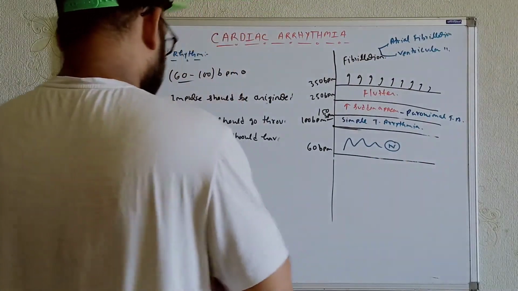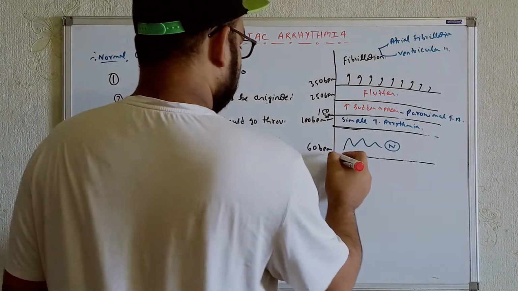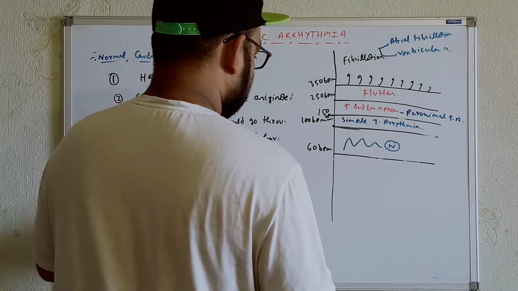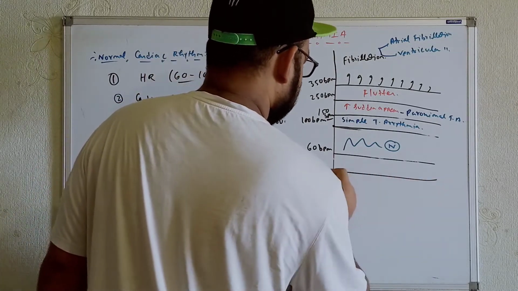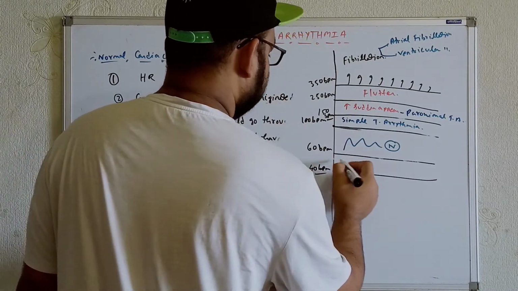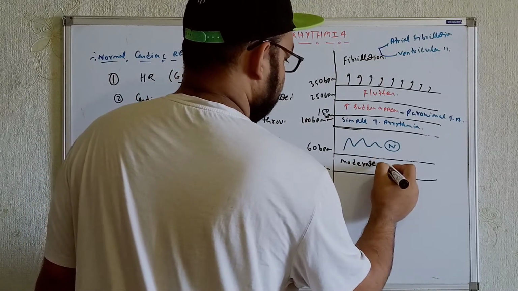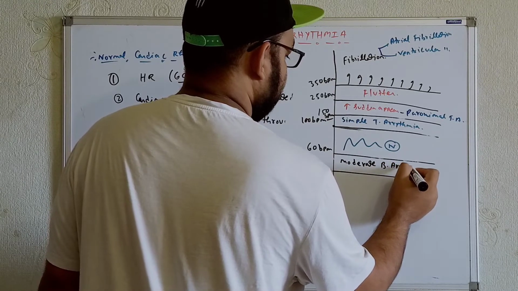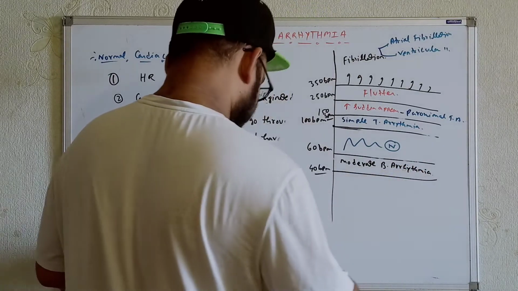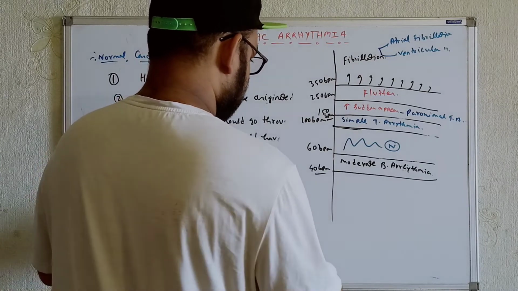Now we'll talk about bradyarrhythmia. For example, if we get the heart rate in between 60 to 40 beats per minute, this thing will be regarded as mild bradyarrhythmia.